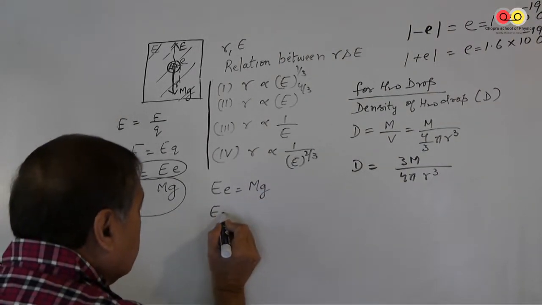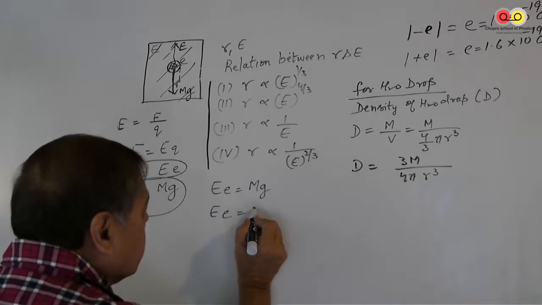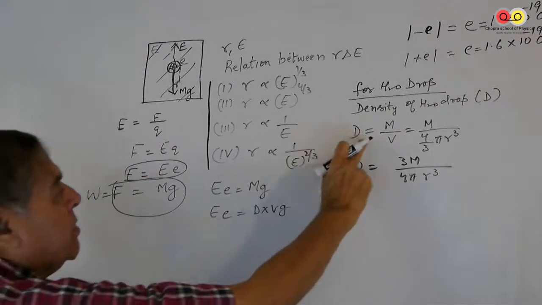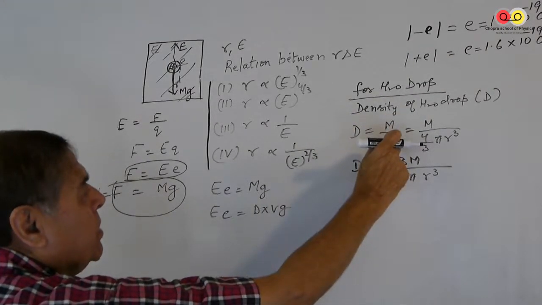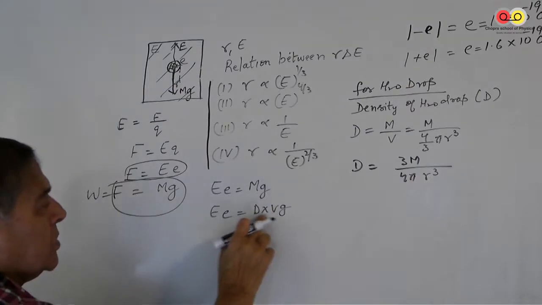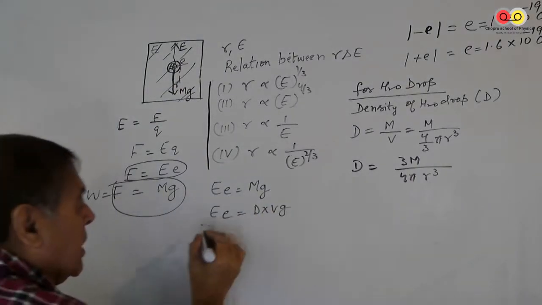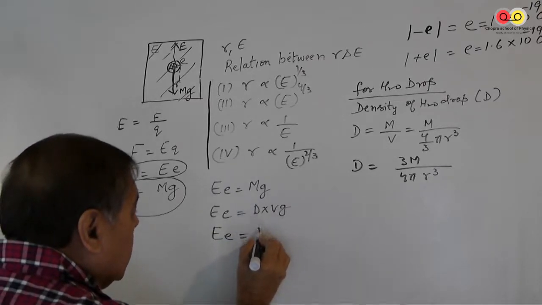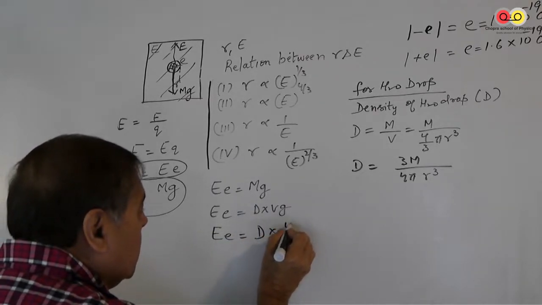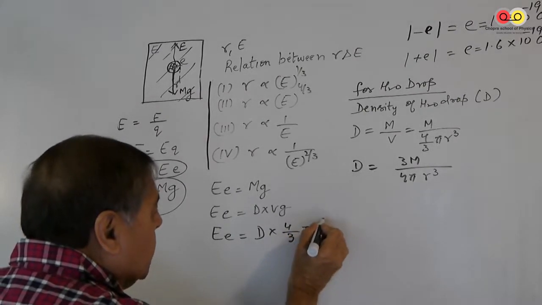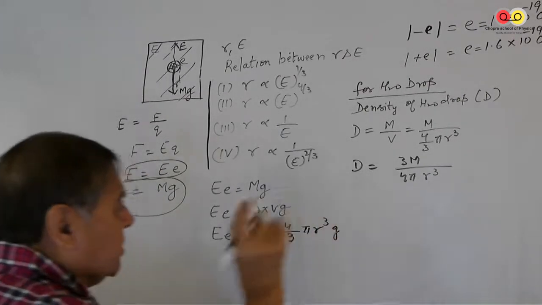M is the mass. So EE will be mass, that is density into volume. Here, density is mass by volume, so mass is density into volume. Now EE equals density into 4/3 pi r cube g.